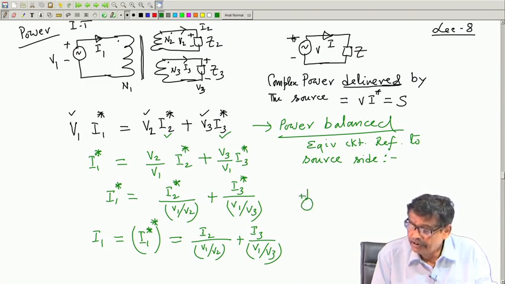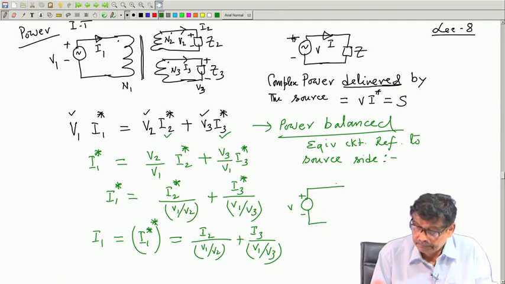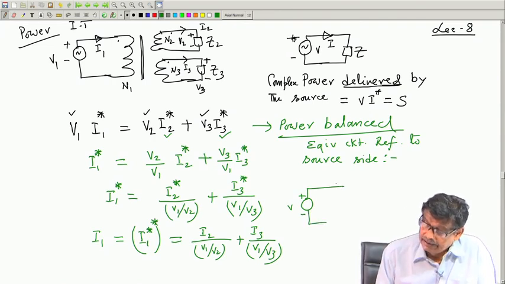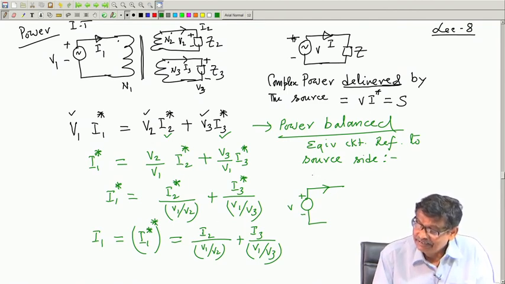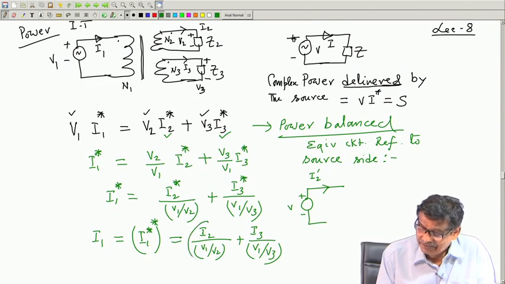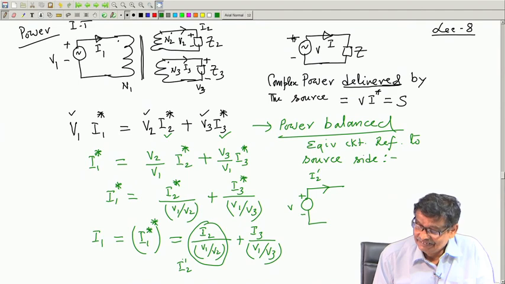So, V 1 will remain V 1, that is there. Then this current I 1 is I 2 star, I 2 reflected, is not? This is I 2 reflected, and this thing is I 3 reflected.